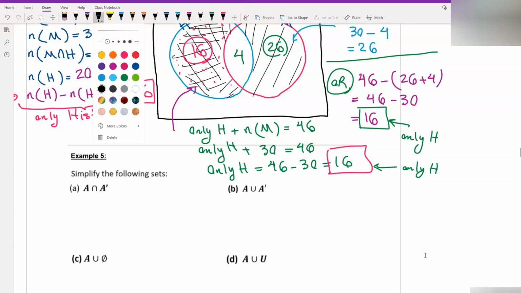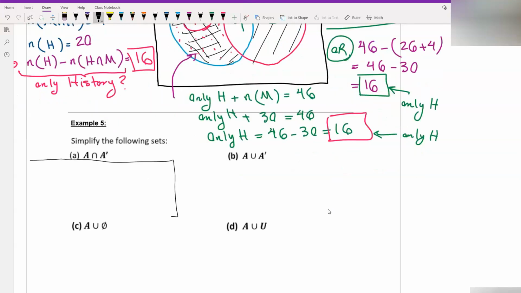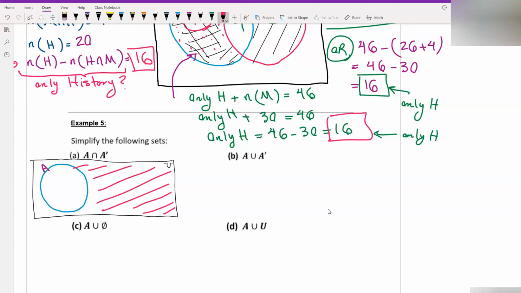But I'm going to draw this one. Again, if it's not asking you to draw Venn diagram for these, you don't need to draw it. So complement of A is this part.